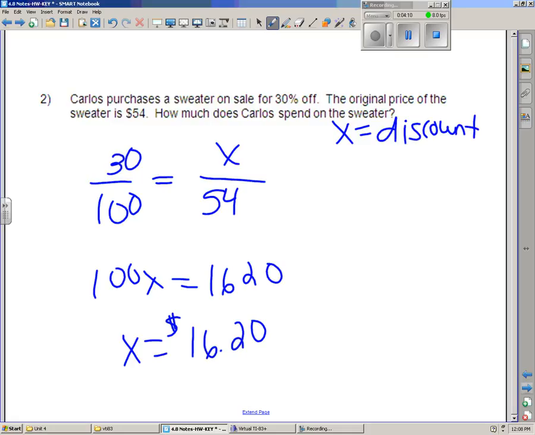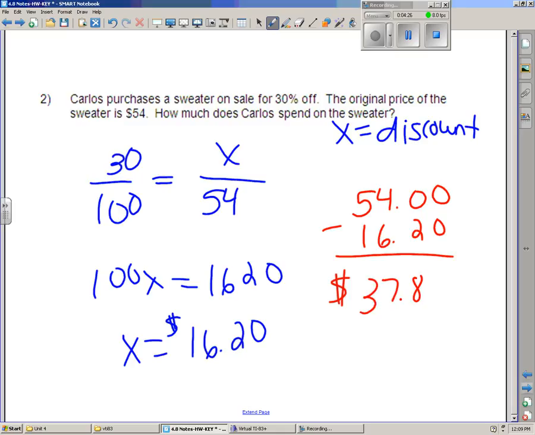His discount was $16.20. So what does Carlos spend for the sweater? Well, the sweater originally cost $54. His 30% discount is $16.20. Then what he spends for the sweater is $37.80. So sometimes when you get your answer, you're not quite done.